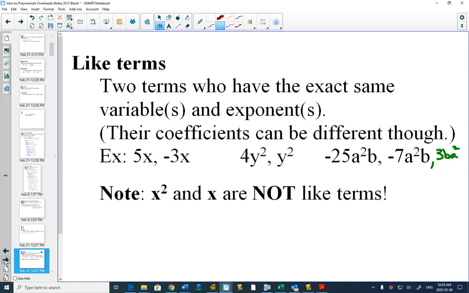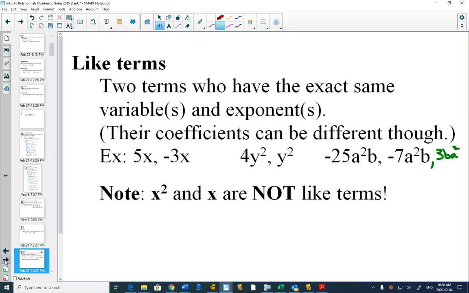Like terms. This is a very, very important definition in this unit. Two terms who have the exact same variable or variables and the exact same exponents. Their coefficients can be different.